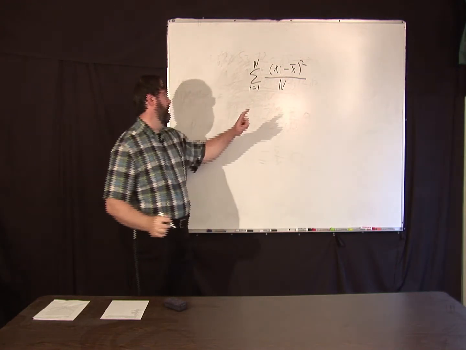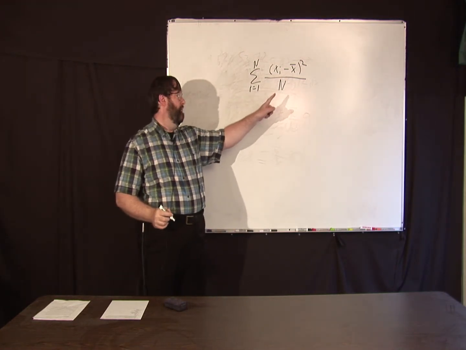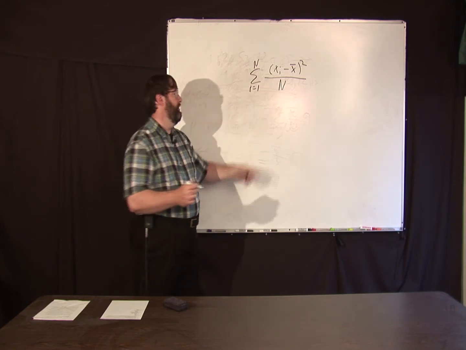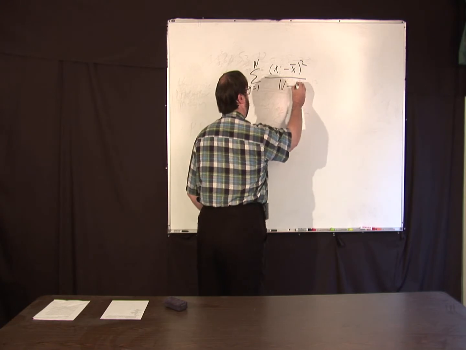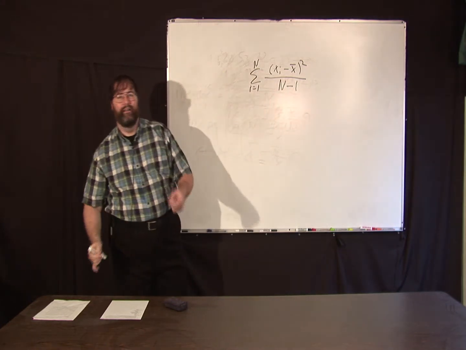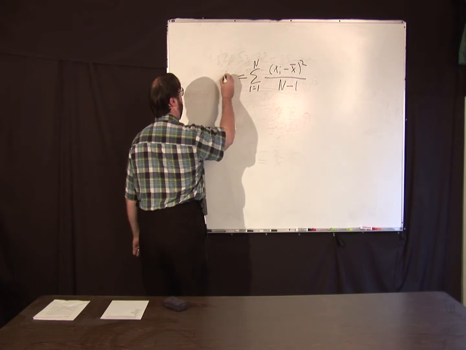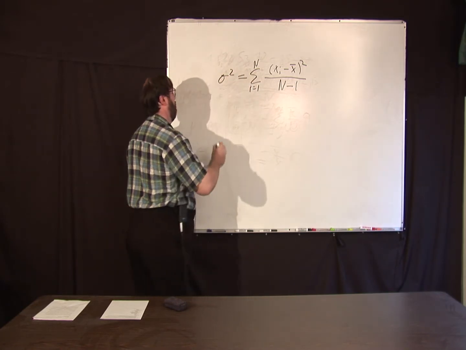That's non-zero. It is a measure of the dispersion of the data, but what's typically used is n minus 1, and I won't get into why in this episode. So this is called the variance, or sigma squared.